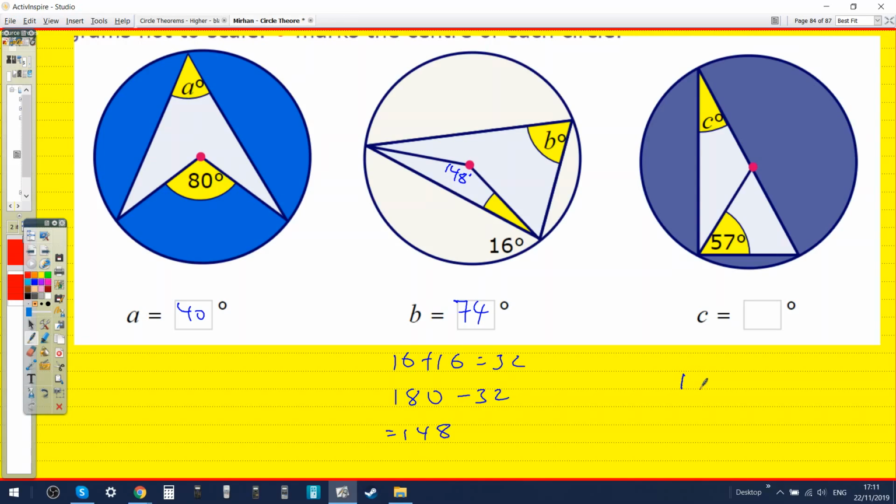Then 180 minus 114 is 66. If that's 66, then the angle to the left of it has to be 180 minus 66, which gives us 114 as well.